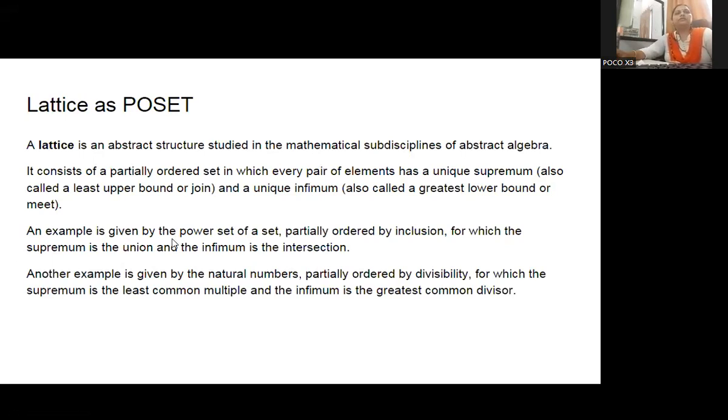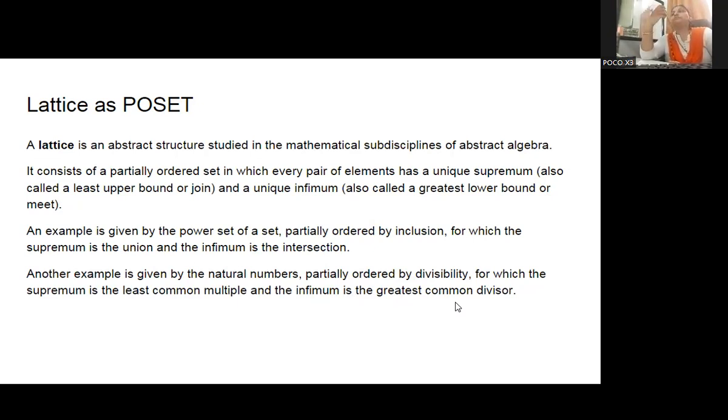Okay, this is the example of lattice that we saw with the help of a whiteboard. Now, another example is given by natural numbers. Natural numbers start from 1 to infinity, partially ordered by divisibility. The operation given here is divisibility, for which the supremum is the least common multiple and infimum is greatest common divisor. Now you know this LCM and GCD.